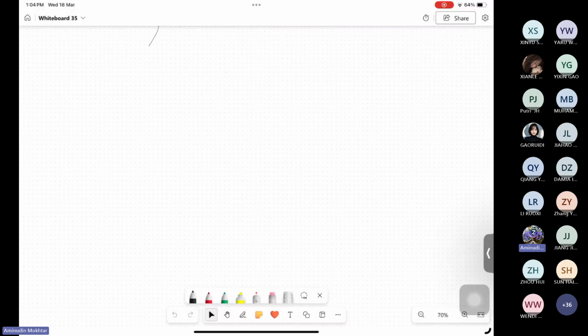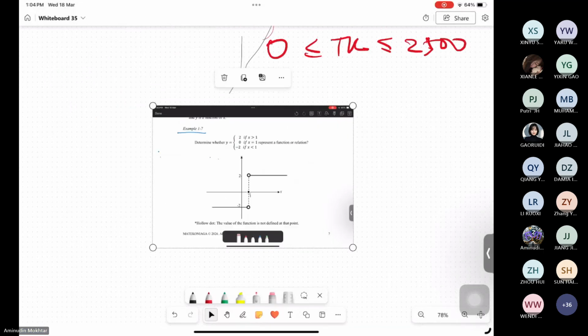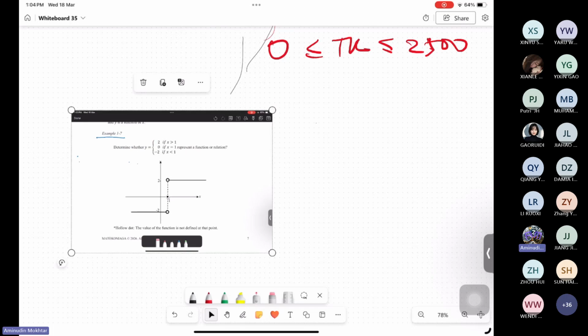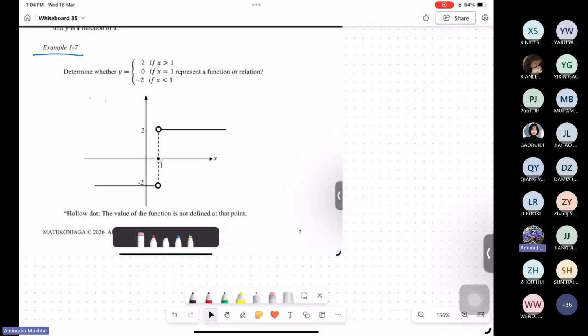Okay, let's say I paste here. Now please refer to page 7. I have these two equations here.